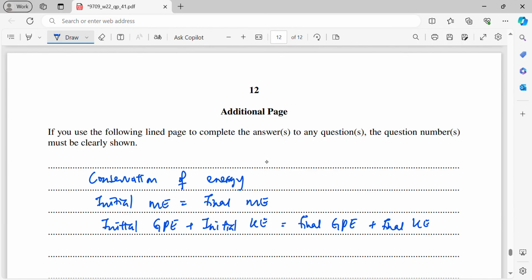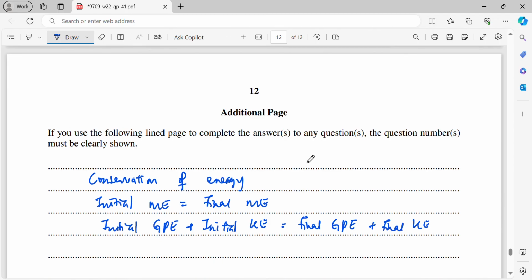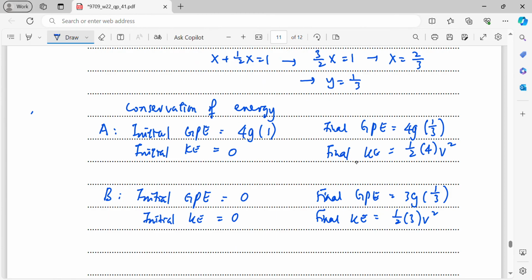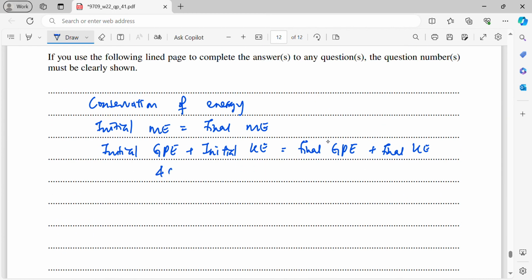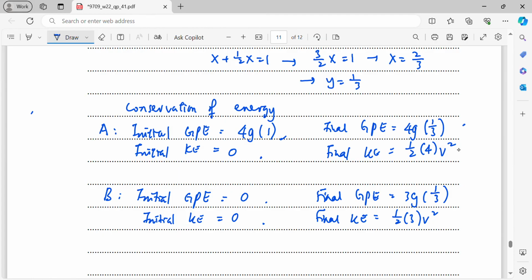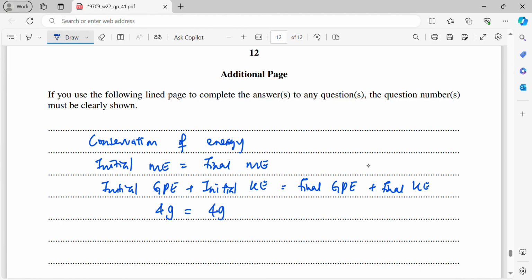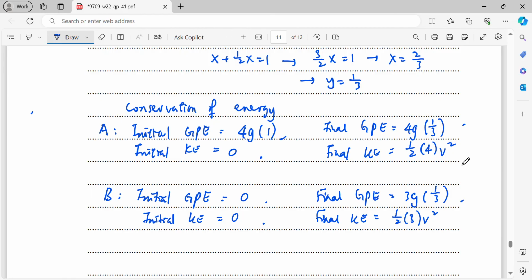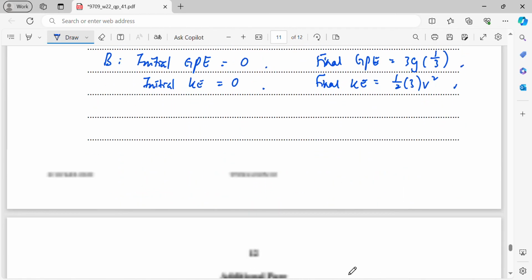Considering both particles A and B, the initial ME is 4g times 1, because the rest are 0. So I will write 4g equals final GPE plus final KE. The final GPE is 4g times 1 over 3 plus 3g times 1 over 3, plus the final KE: half times 4 v squared, plus half times 3 v squared.